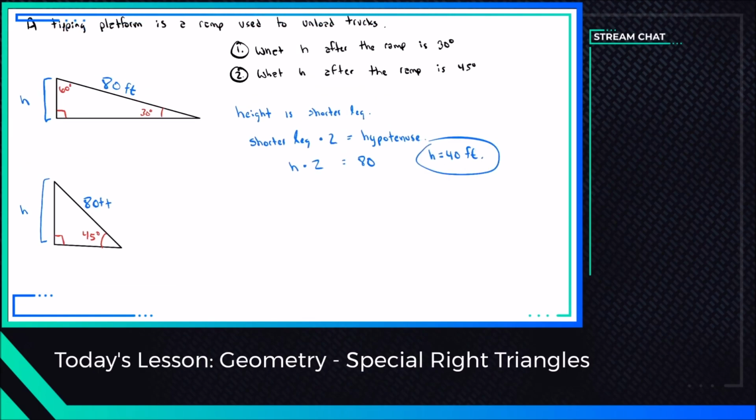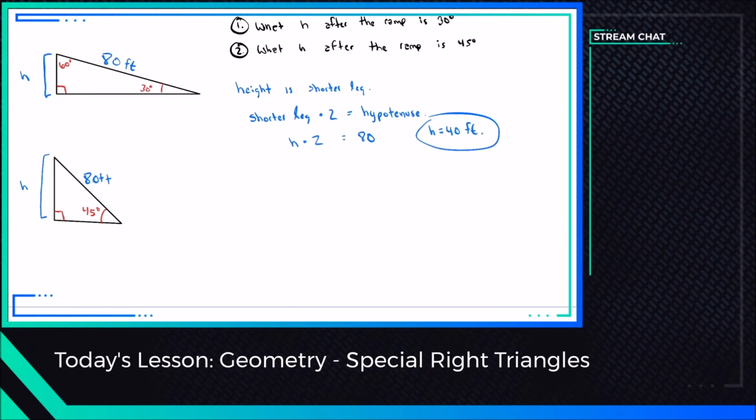There we go. Now the 45, 45, 90 right triangle is going to be a little different. All right. So we know that the hypotenuse in the 45, 45, 90 is equal to the leg multiplied by the square root of 2.